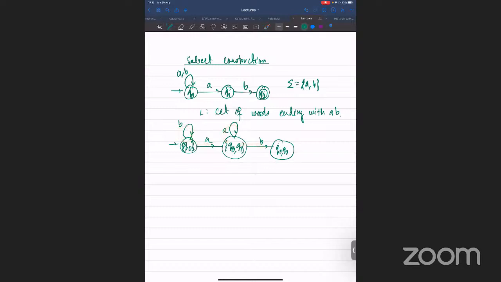Now we have to define the transitions for this state. What happens if I take an A from here, where do I go? If I read an A, then I'll go to Q0, and for Q2 there is no transition if I read an A. So can we create a new state called a dead state and take a combination of those?